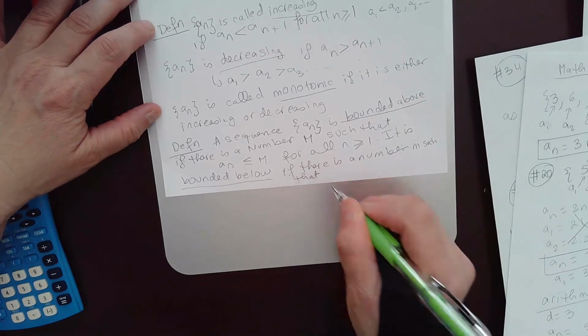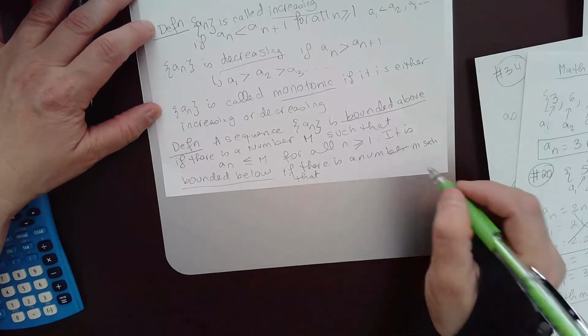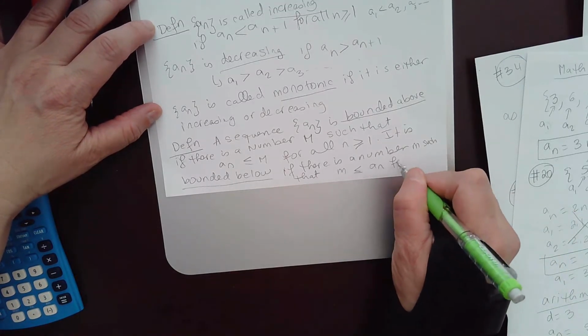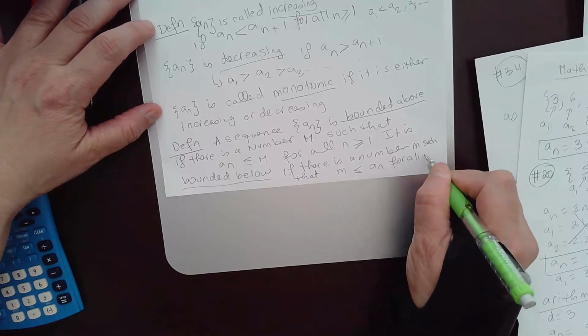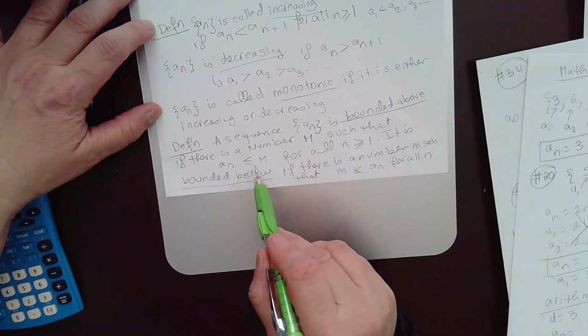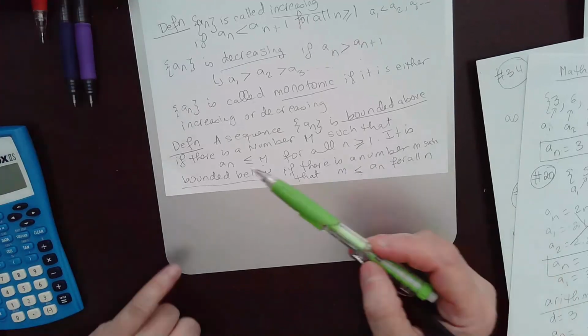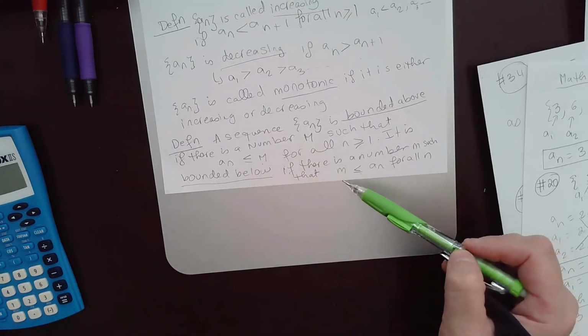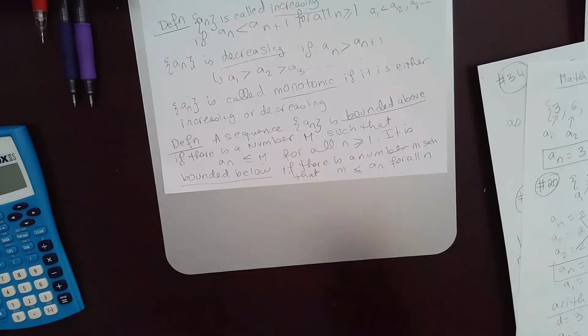Let me finish this here. M is less than or equal to an for all n. You can see it bounded above and bounded below. So above the sequence, it's bounded here, M, and here below the sequence is bounded.